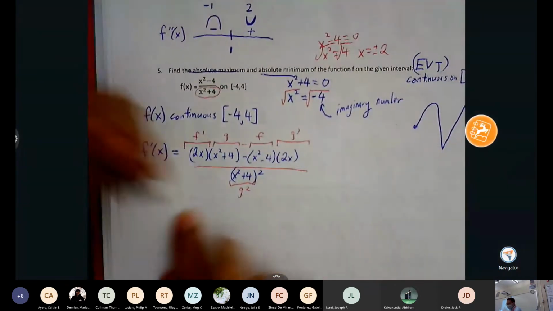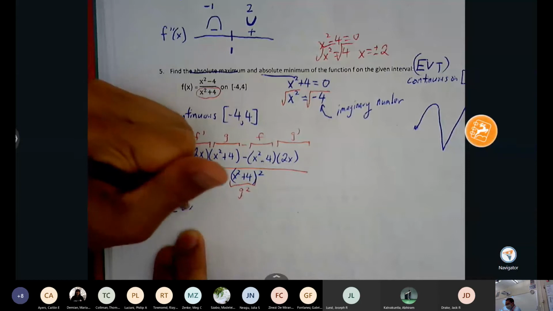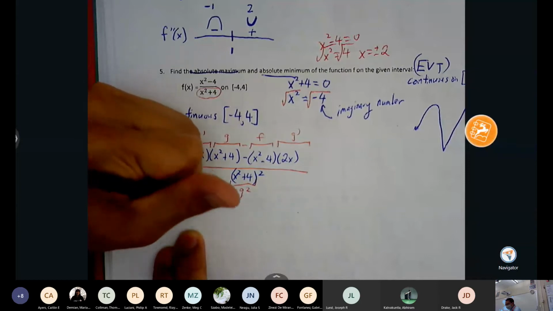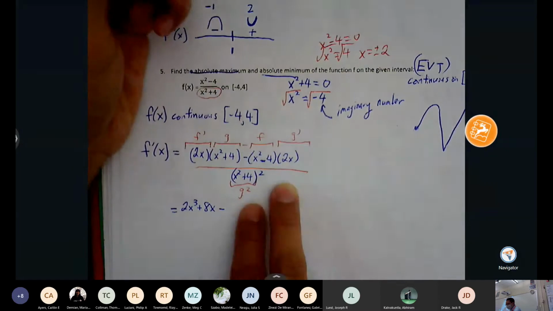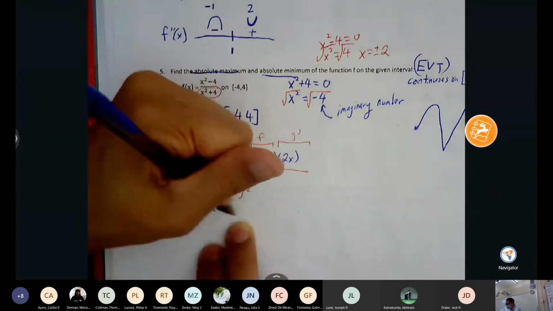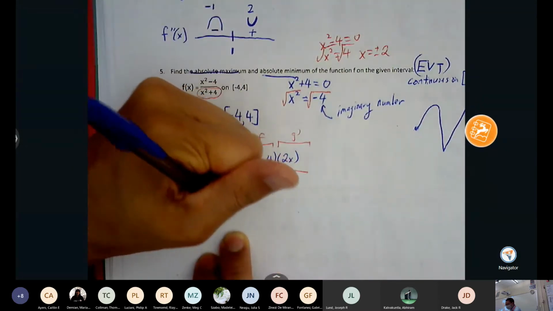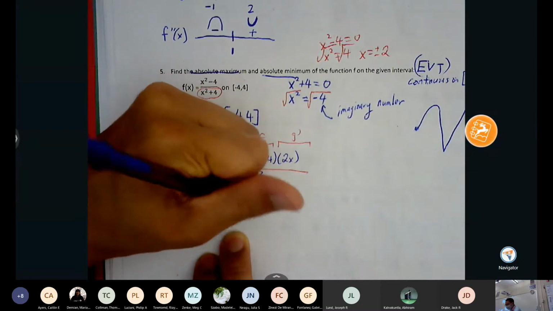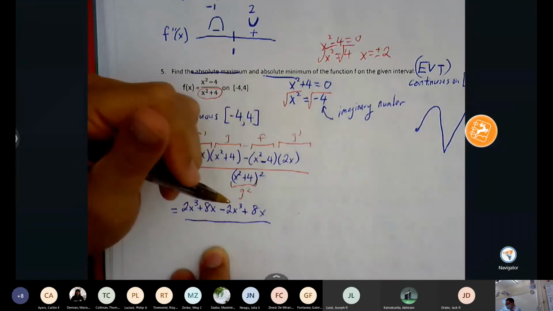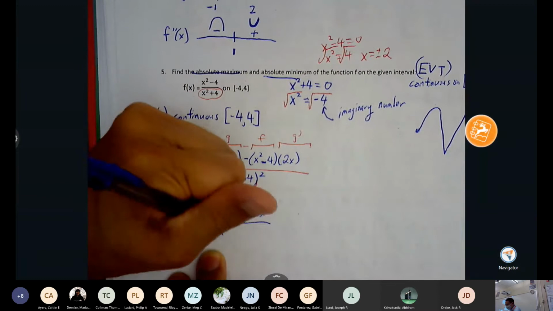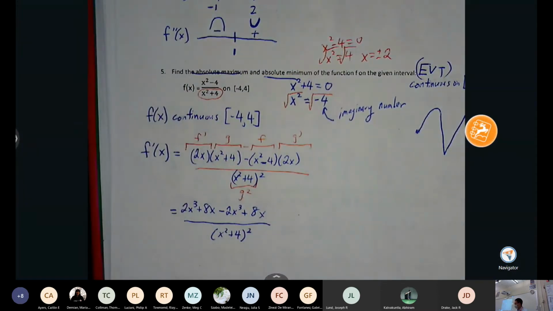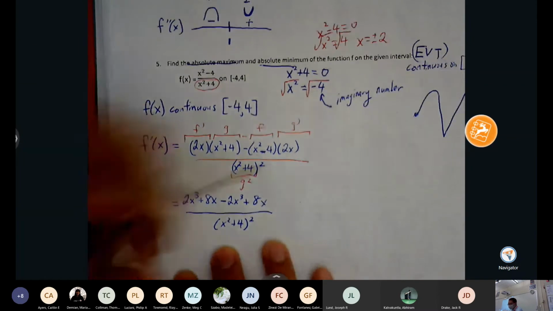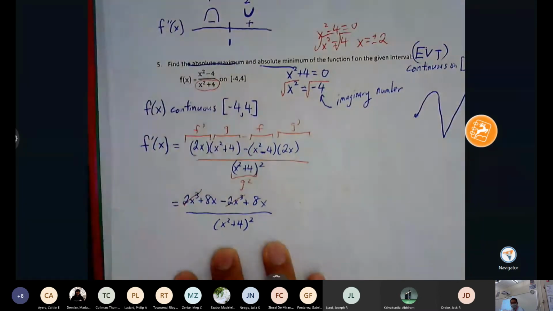Clean all this up, distribute the numerator through. Combine some like terms.